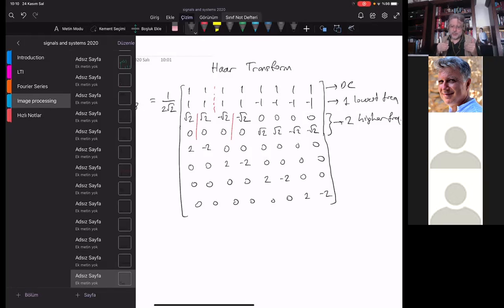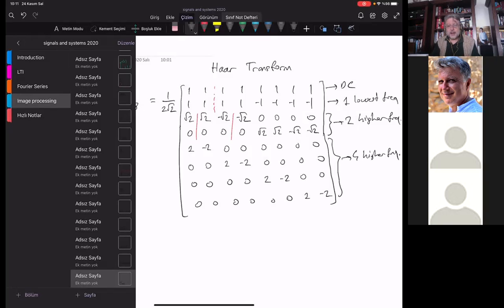But then the next one is 1, 1, minus 1, minus 1. So the width of the box shape is essentially narrower, okay, here. So that's a higher frequency. Then, but the number of rows that I use for that is twice. And then I use 4 higher frequencies.